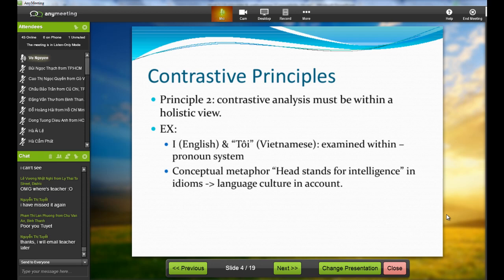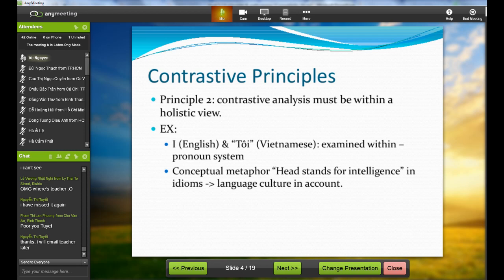This principle is similar when we analyze language pairs. We should look at the form, we should look at the meaning, and we also look at other things like cultural aspects, or even other knowledge fields that may be relevant, like psychology, like anthropology.